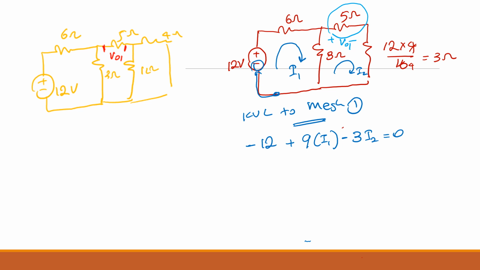So I can divide everything by 3. So I can say negative 4 plus 3I1 minus I2 is equal to 0. I can say I1 is equal to 4 plus I2 over 3.